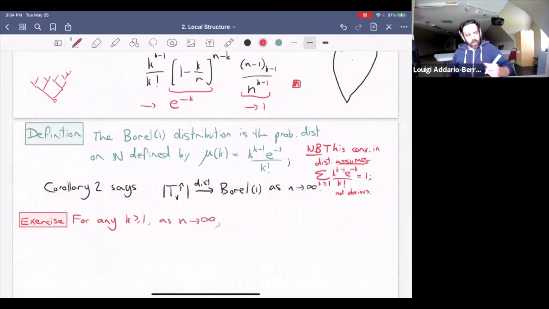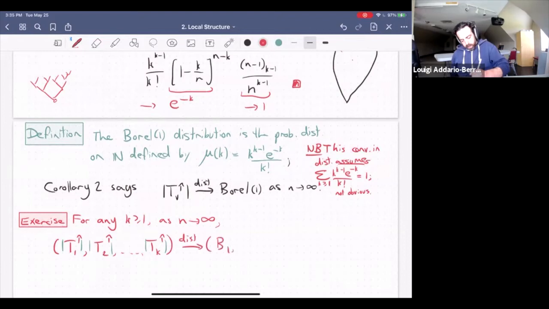As n tends to infinity, if I look at the joint vector which lists the subtree rooted at vertex 1 and the subtree rooted at vertex 2, and so on up to vertex k, the sizes of those subtrees converge jointly in distribution to a vector of independent Borel random variables.